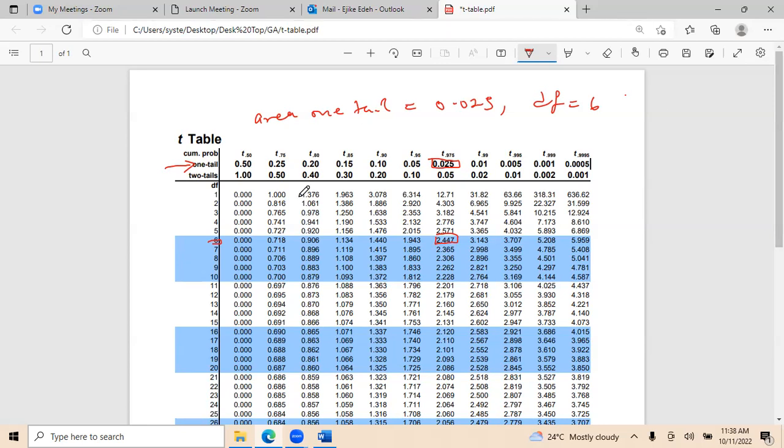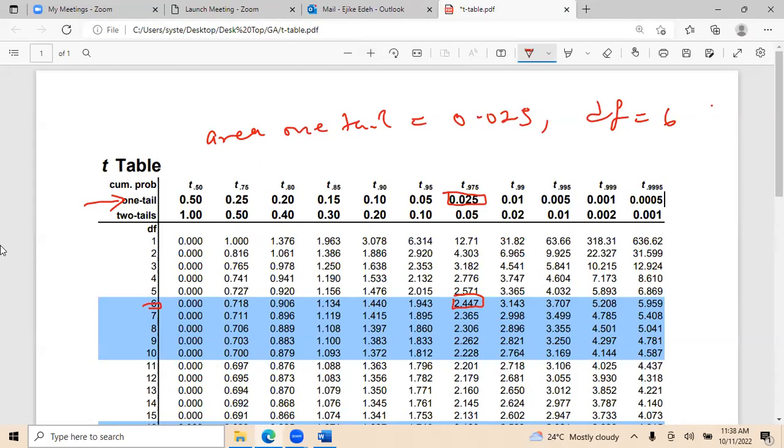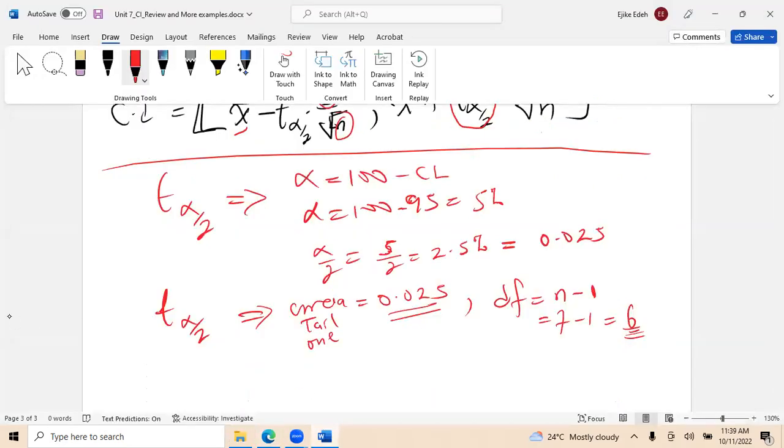Let me make this bigger so we can see it better. Wherever the area of 0.025 and degree of freedom of 6 met, the intersection is 2.447. So that is our T critical value. So I'm going to go back to the worksheet. So the T critical value here, T alpha over 2, is 2.447.